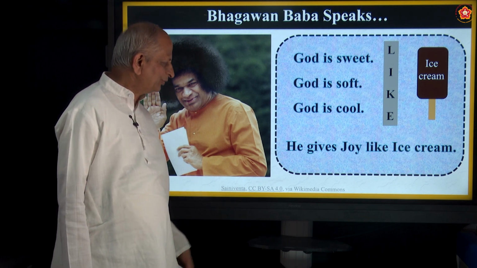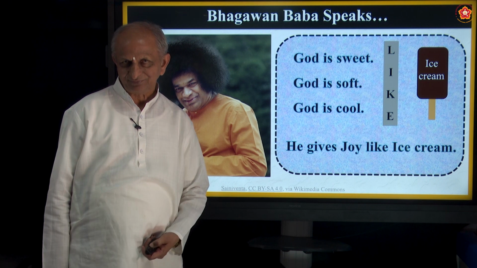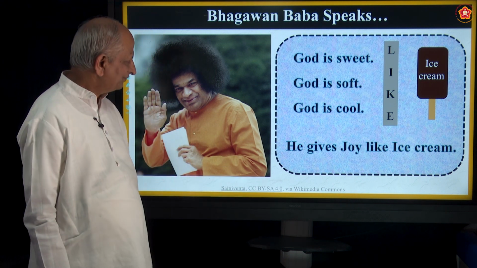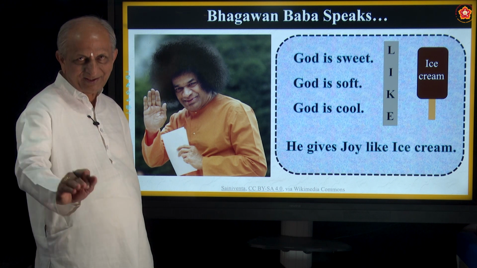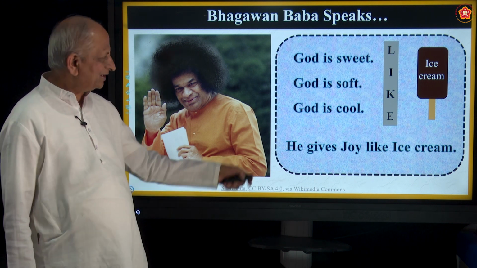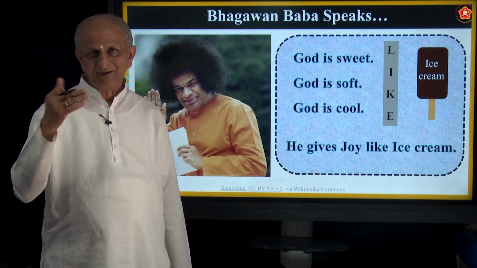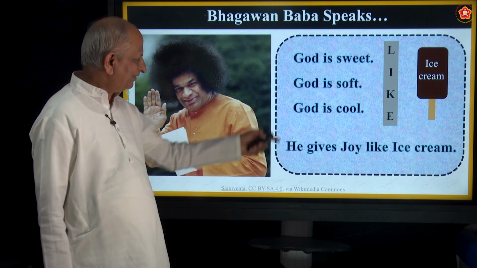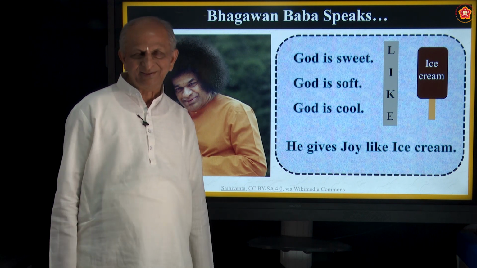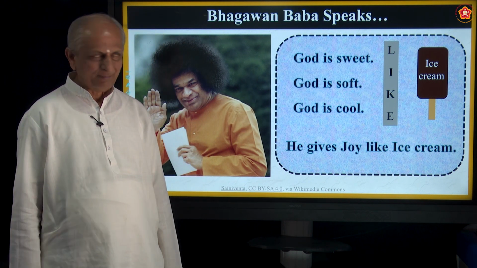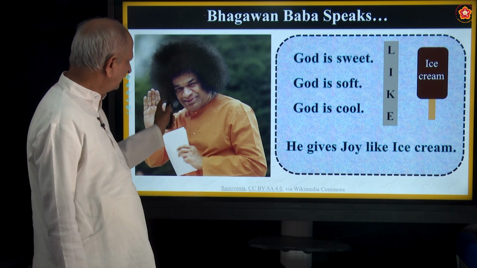Okay, so he gives joy to one and all. He is always happy and makes others happy. So for the small kids, it is easily understood. Who is God? You cannot say Satyam Jnanam Anantam Brahma, they can't understand. So they will understand easily when ice cream is given to them. So God is also like that only.